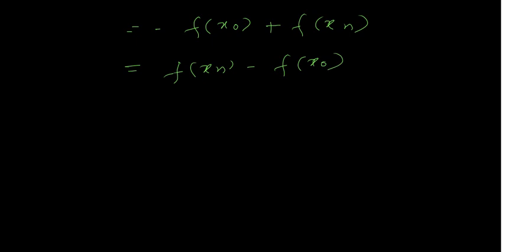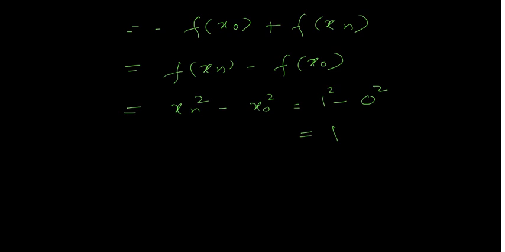But the function is the square function, so it's equal to xn square minus x0 square. What's xn? It's the last point of the partition, that's 1 square, minus x0, the first point, which is 0, because f is a function from the closed interval 0, 1 to R. So this is equal to 1. So the variation is always equal to 1.